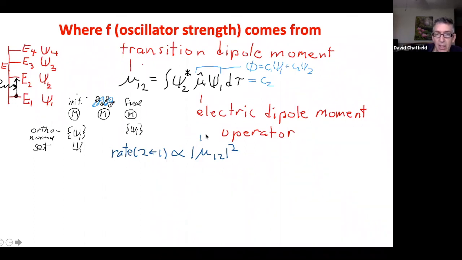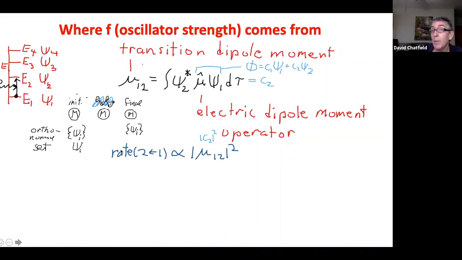So that will be the square modulus of C squared, right? This phi is really a superposition kind of thing. We've seen that before. So we've associated the square modulus of the coefficient in this linear expansion as a probability. So this is very closely related to the idea of probability of a transition.